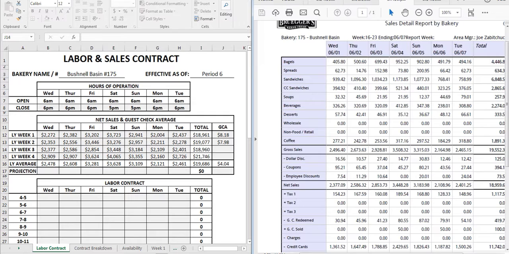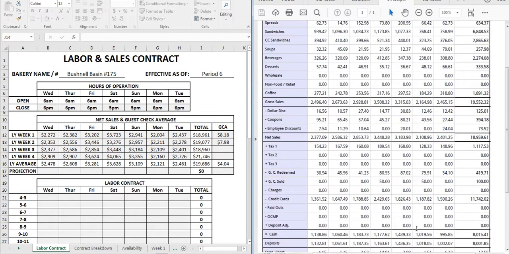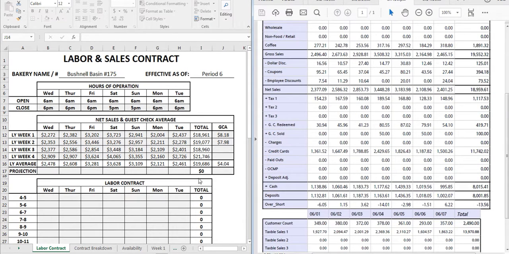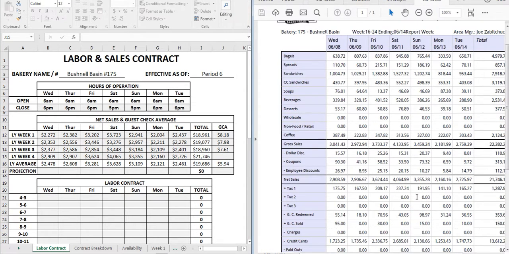Moving on to week number 3. Again, it's net sales divided by customer count. Customer count was 2490 for this week. So equals, I'm going to click on this cell for the net sales, divided by 2490, and press enter to set it in place. Now for week 4, same thing.